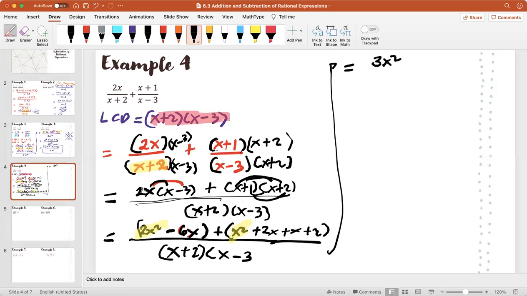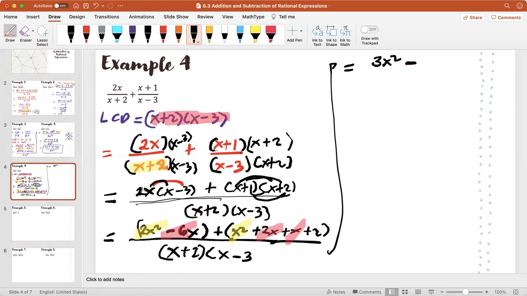Now the x's: negative 6x plus 2x is negative 4x, plus x is negative 3x. That's right.